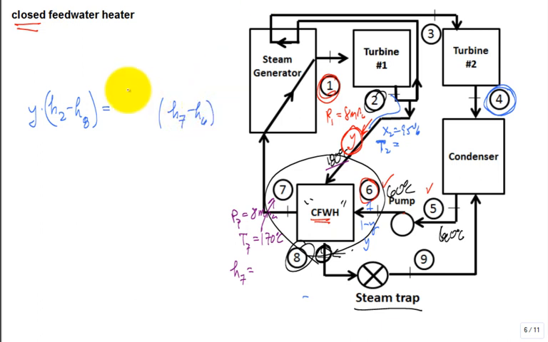Now, it's either going to be 1 minus Y, or Y. So this is a great opportunity for answer A, answer B, answer C, or answer D, none. Make sense what I'm asking you? I'm writing an energy balance around there. It's either going to multiply H7 minus H6 by 1 minus Y, or Y, or none of those.